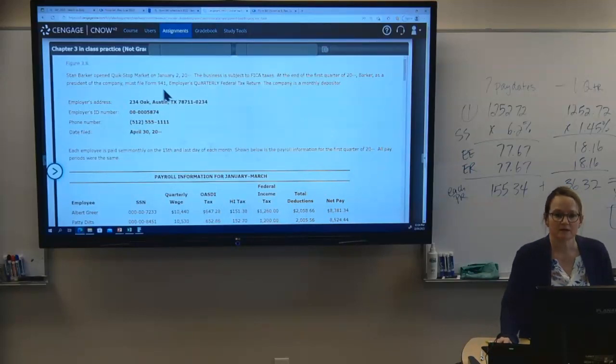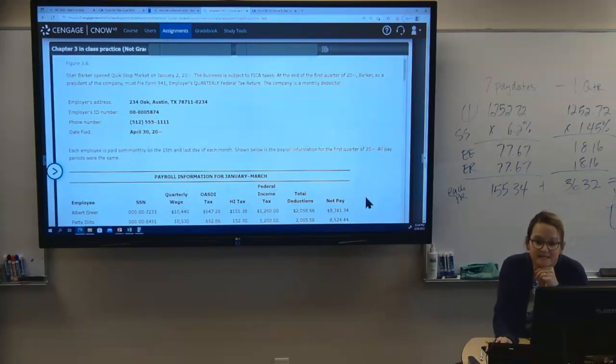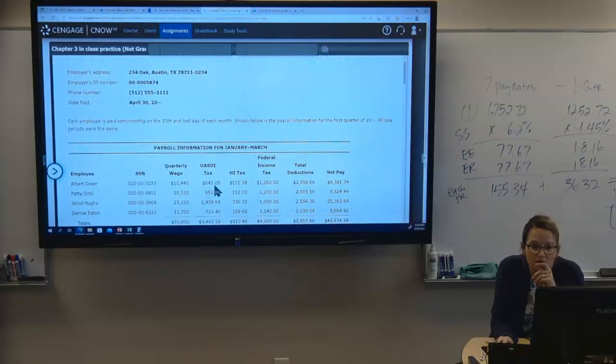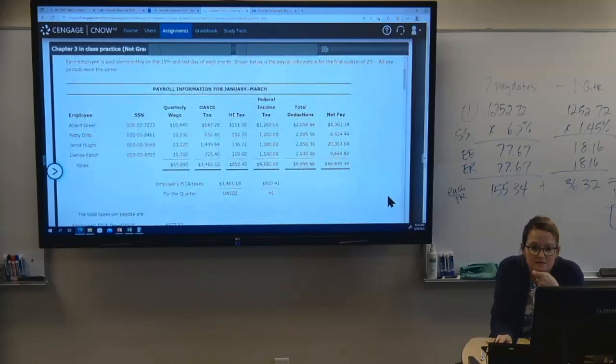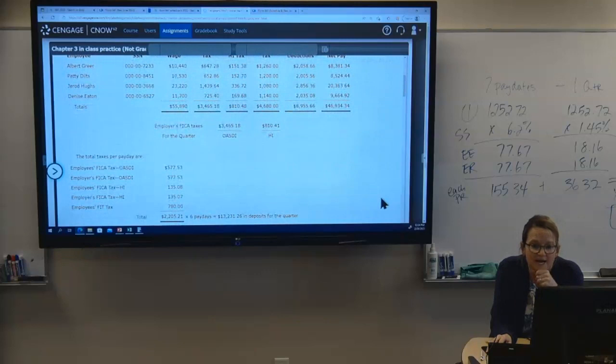Address that they've given us, date filed April 30th. Each employee is paid semi-monthly on the 15th and the last day of the month. So here is the quarterly wage and how much was withheld, and then the total taxes per payday.